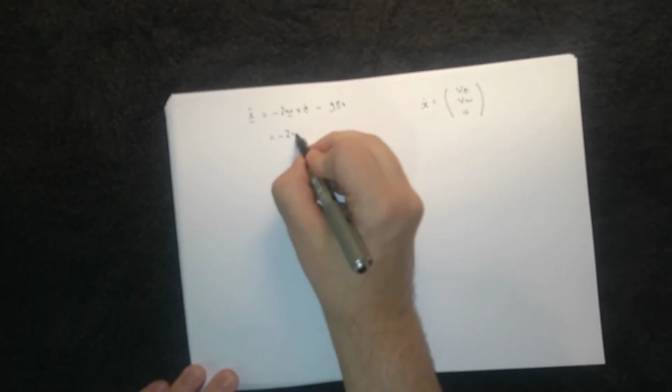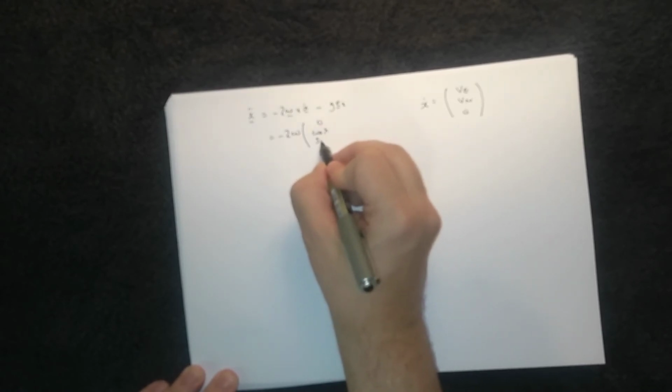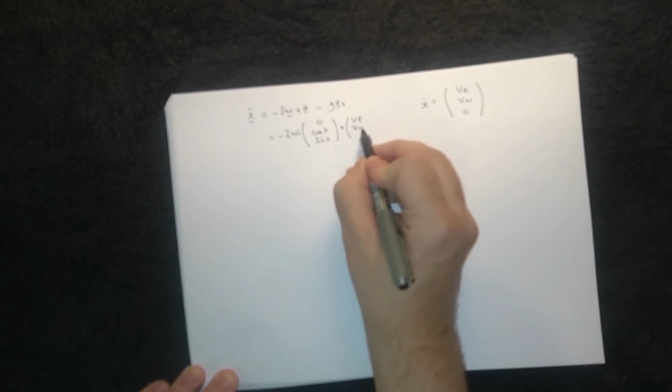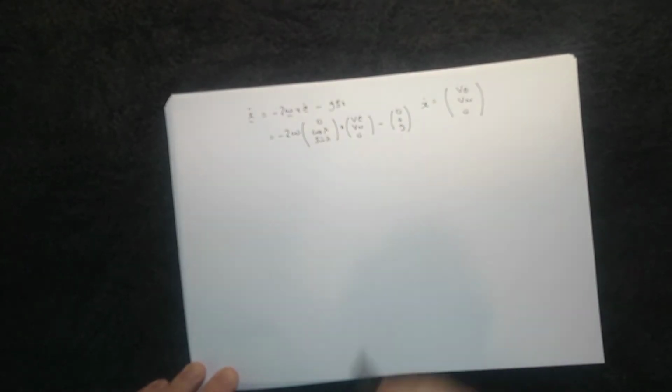That's minus 2 scalar omega times (0, cos lambda, sin lambda) crossed with (V_E, V_n, 0) minus (0, 0, g).